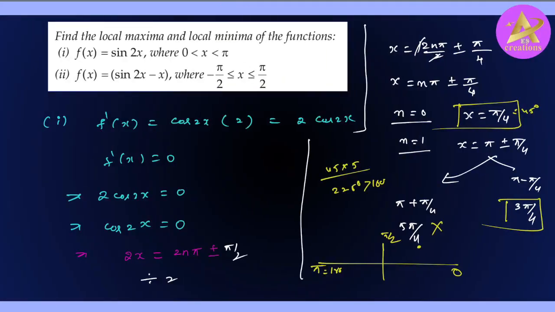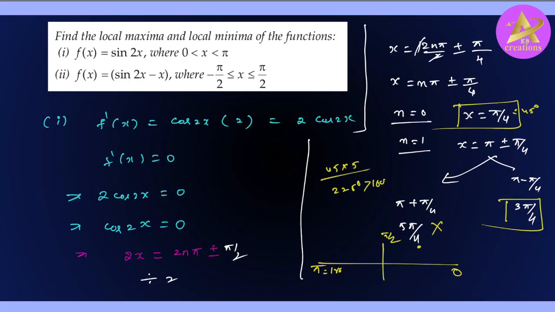Okay, the second function is sin 2x minus x, and the x values lie between minus pi by 2 and pi by 2, both included.